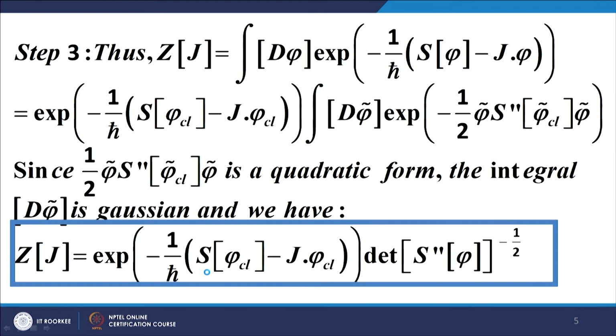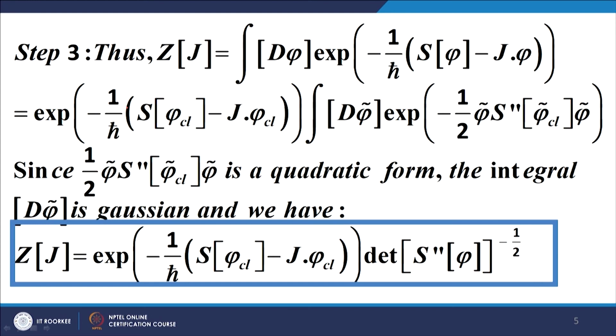So, now we substitute these expressions in the expression for z j. What we get is z j is equal to, we can take this first term outside the path integral, because it is independent of the path integral measure phi tilde, and therefore, we take this exponential of minus 1 by h times S of phi classical minus j phi classical outside the integral, and inside the integral we have this expression, which is the second order term.